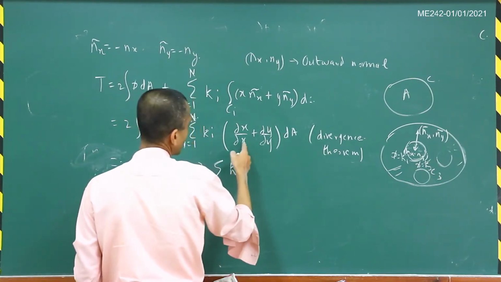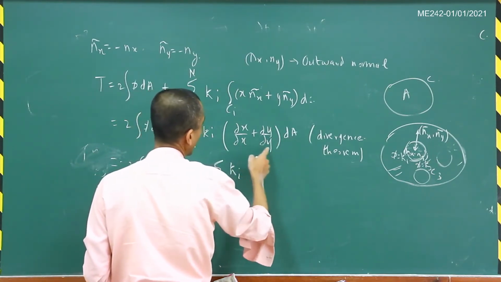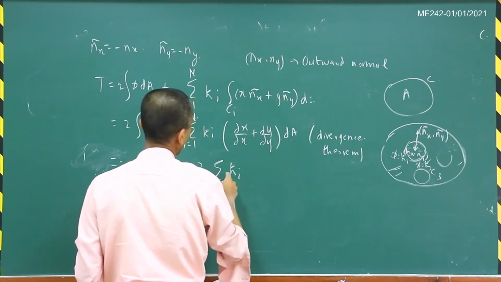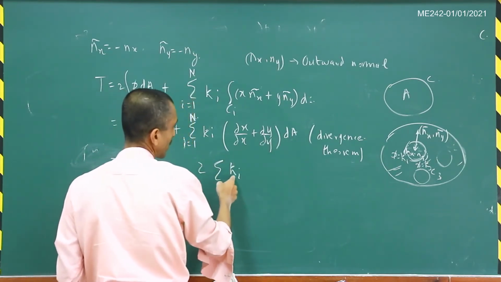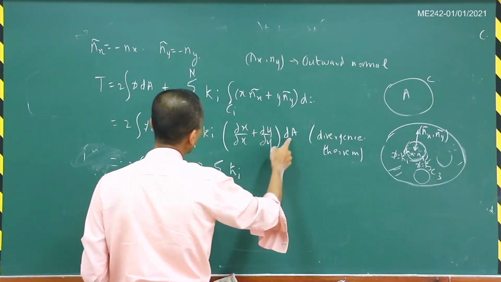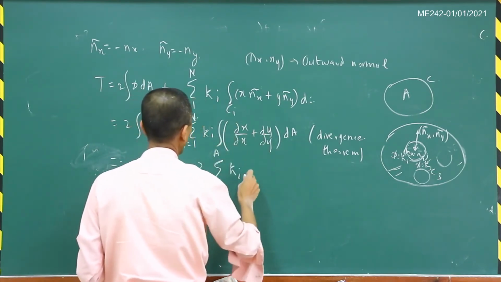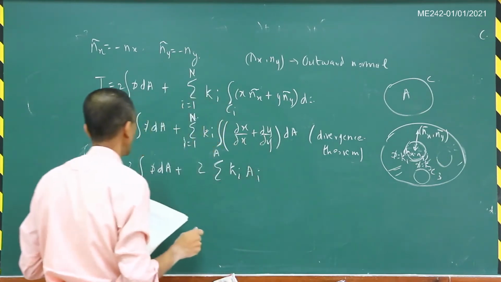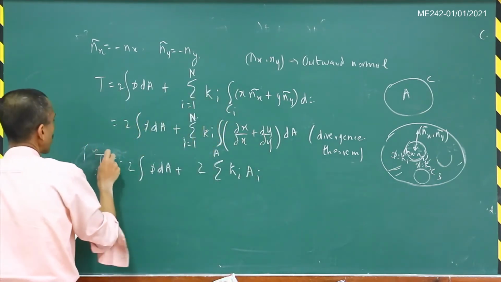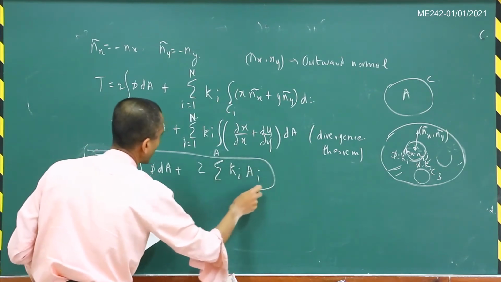And now you can see that integral of dA will be just Ai, the integral over A. So this will be the expression for the torque in the case of a multiply connected domain.